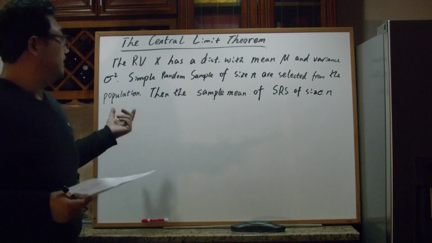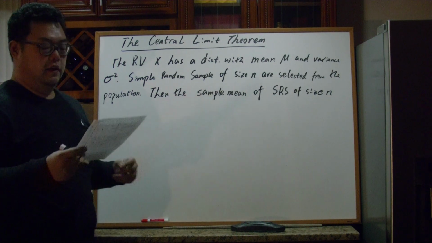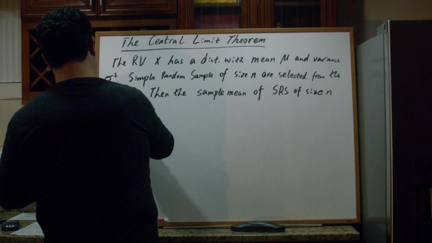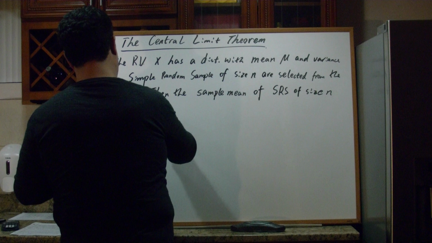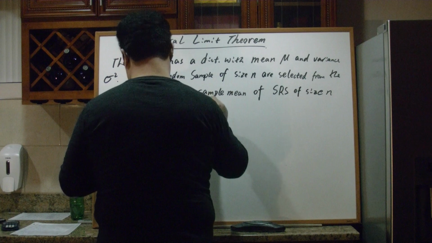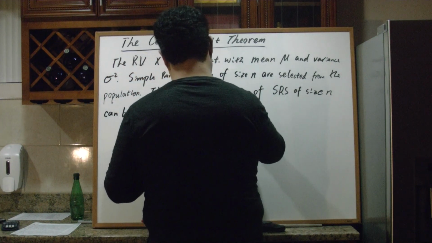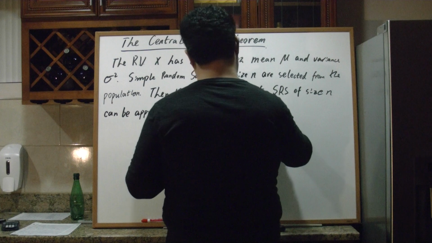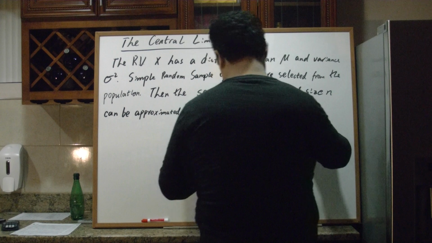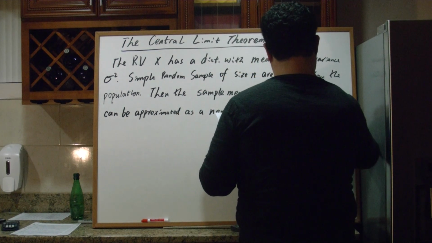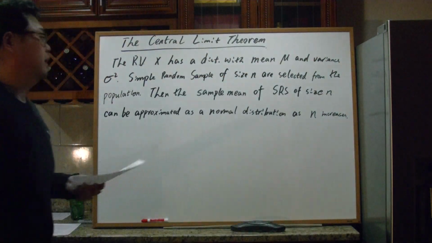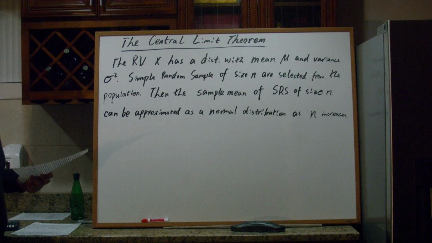Then the simple random sample of size n has a sample mean that can be approximated as a normal distribution as n increases, as the sample size increases.